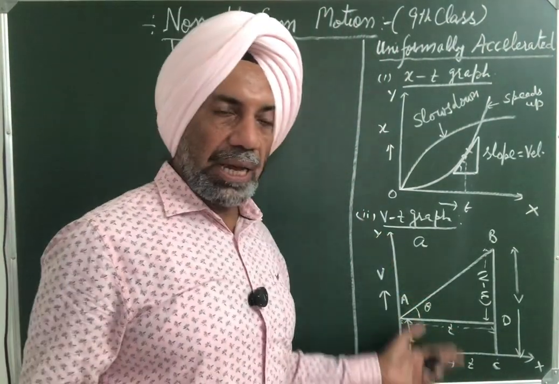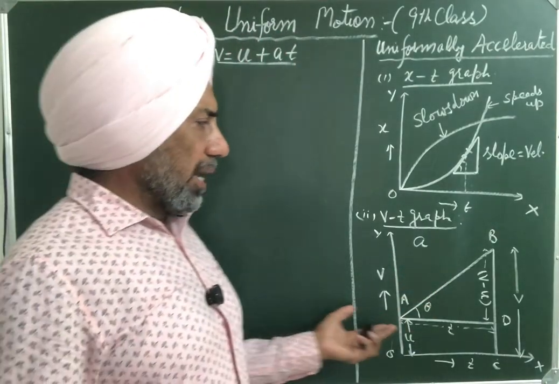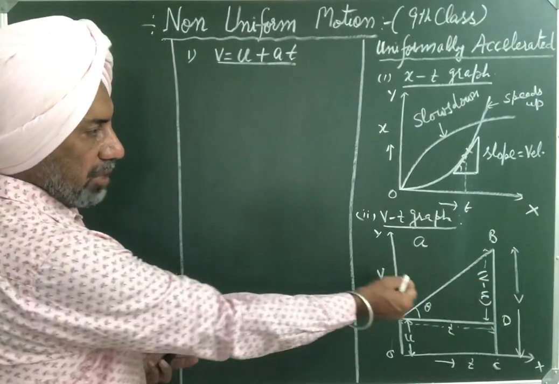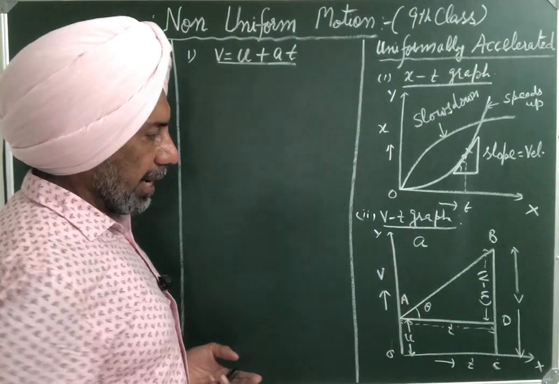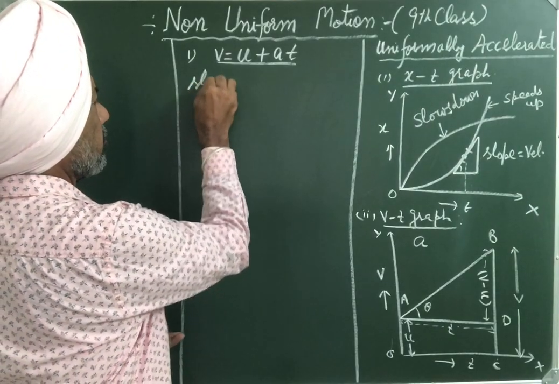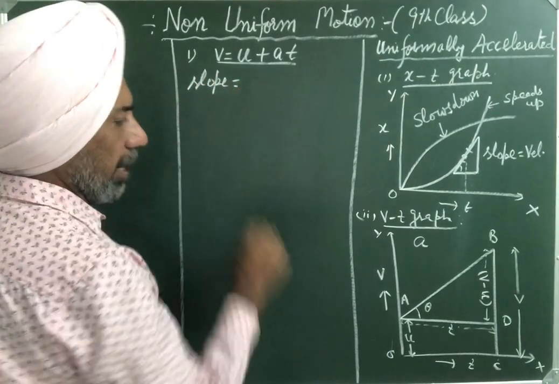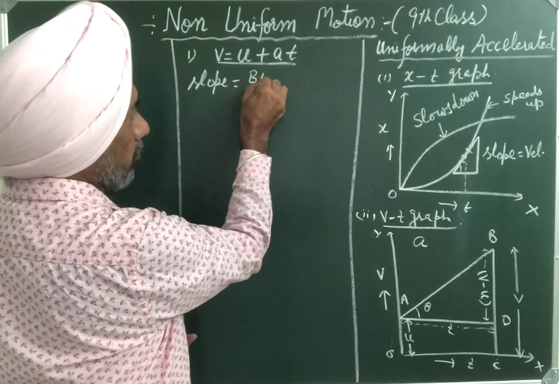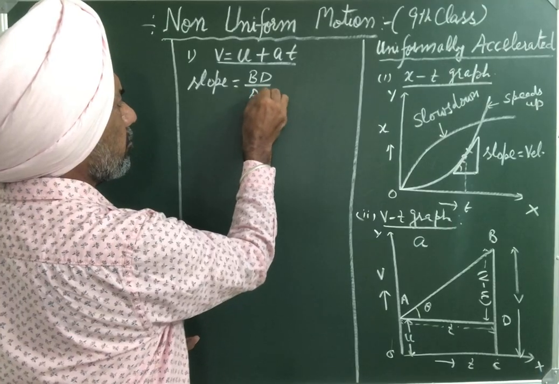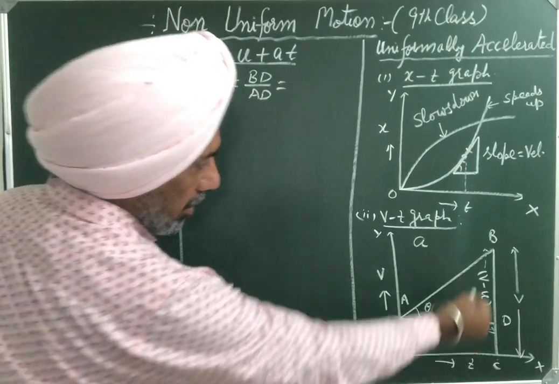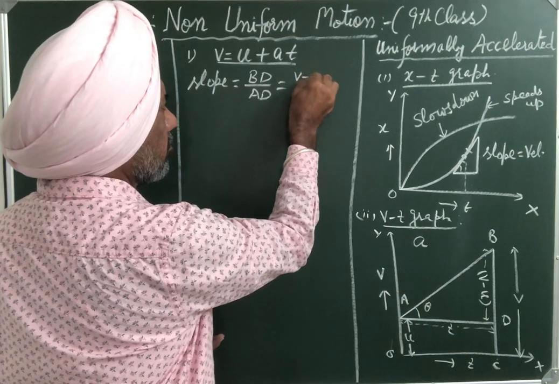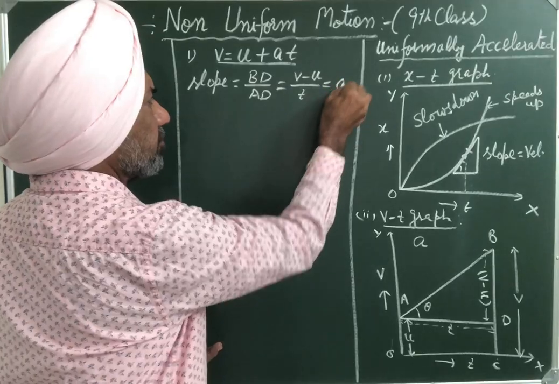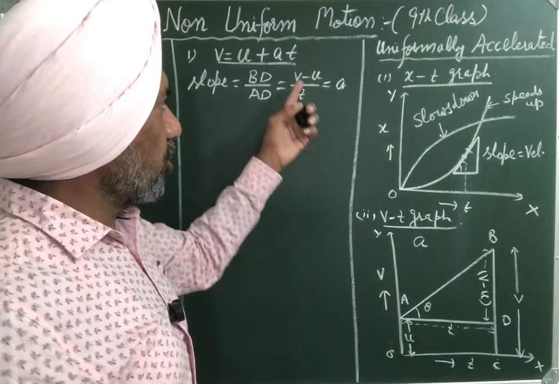There are two methods to derive this equation. You can find the slope of this straight line AB. So the slope of AB will be equal to BD upon AD. BD is nothing but v minus u over t, which is nothing but a, change in velocity over time taken.